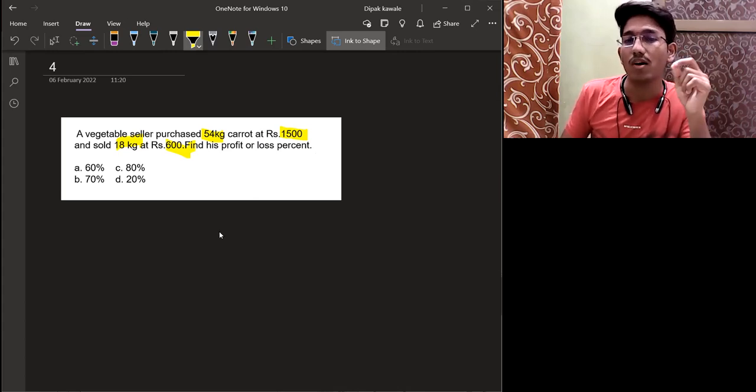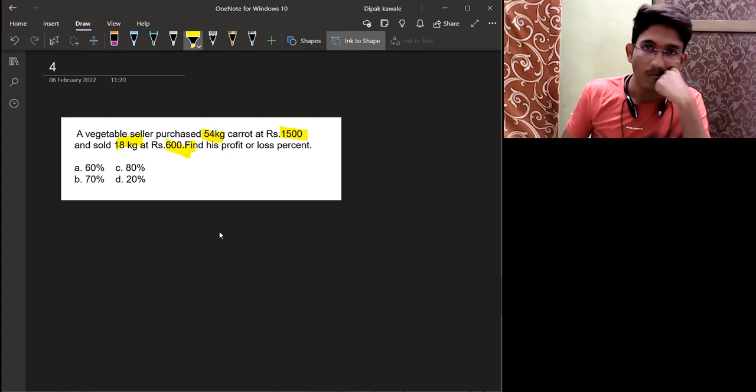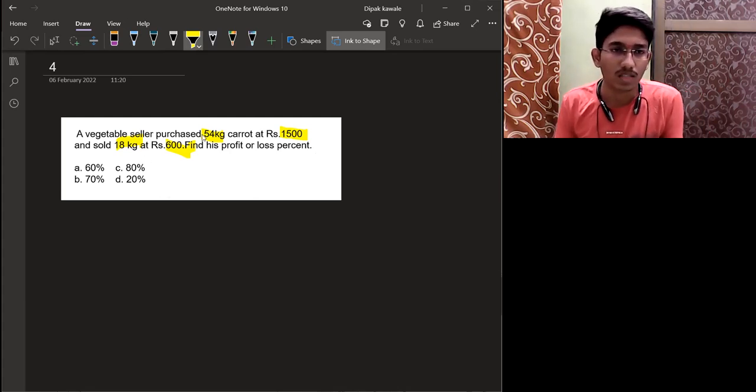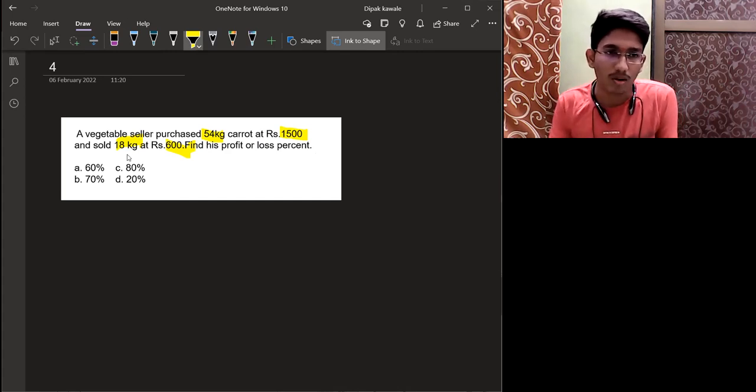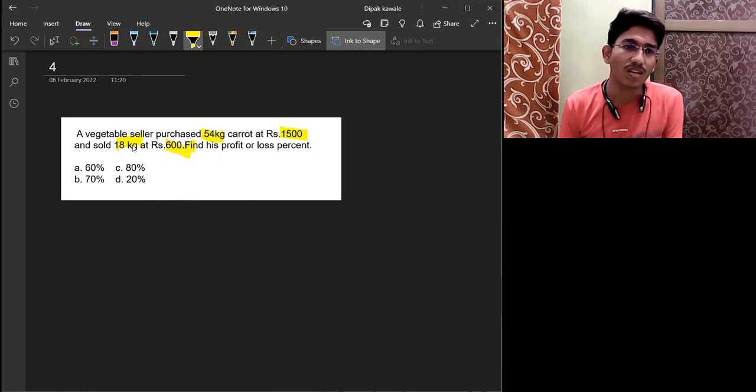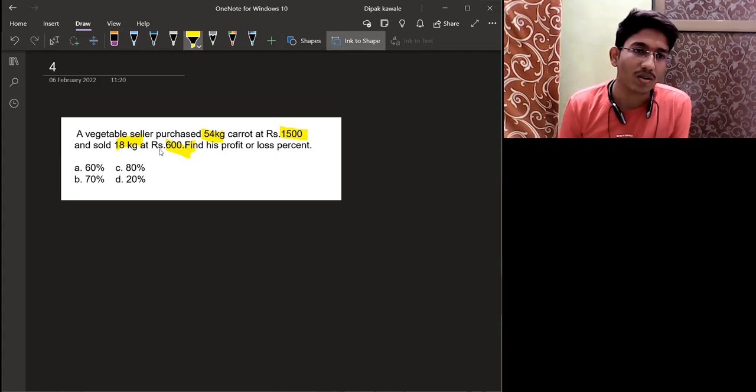So to make it equal, I have to find the LCM. Okay. So what will I do? This is the bigger value, na? I will try to make this value similar to this 54. Sir, 18 ones are 18, 18 twos are 36, and 18 threes are 54. That means I have to multiply this 18 by 3 and 600 by 3.